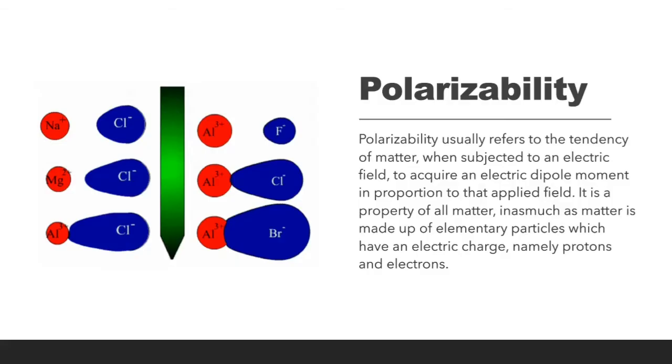Polarizability. Polarizability usually refers to a tendency of matter, when subjected to an electric field, to acquire an electric dipole moment in proportion to that applied field. It is a property of all matter, inasmuch as matter is made up of elementary particles which have an electric charge, namely protons and electrons.